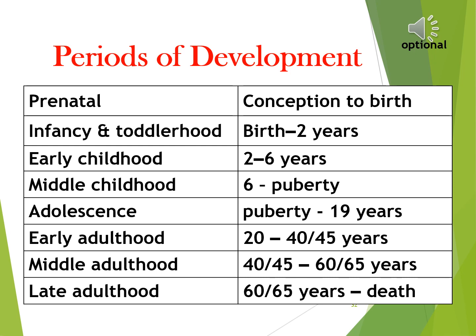But with our current lifespan, maybe 45 is a better age range, but either one we should know. So 20 to 40 or 20 to 45. Middle adulthood then would be either 40 to 60 or 45 to 65. And late adulthood, 60 and older or 65 and older. As we go on later in the course, we'll see that there are several divisions within late adulthood as well.